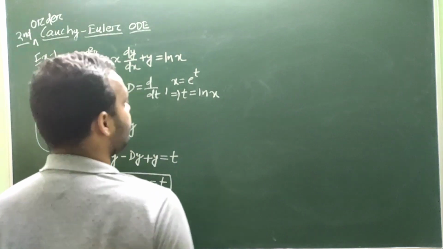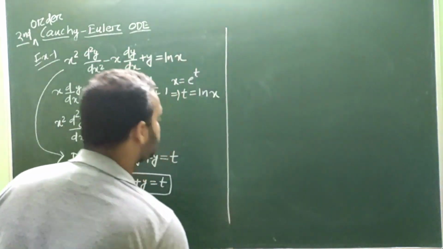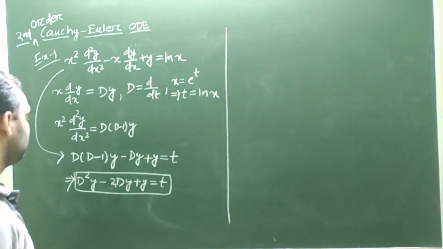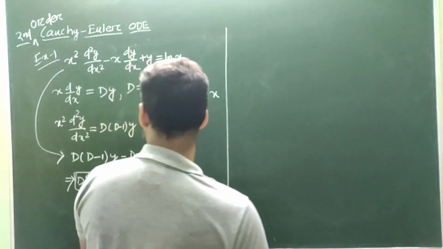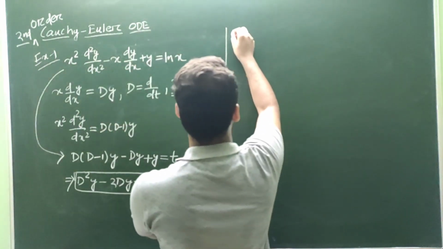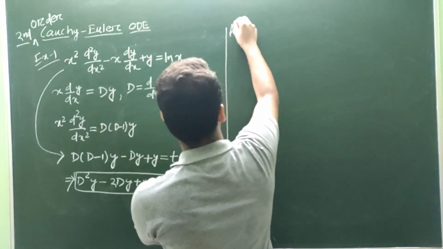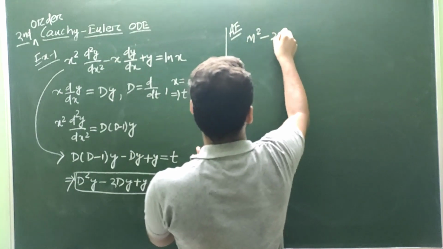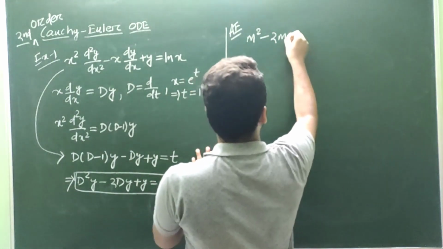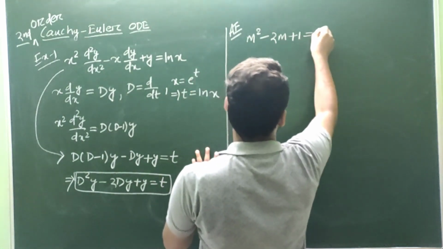Now we have to solve this to find the solution, both complementary function and particular integral. For complementary function, we have to take this RHS equal to 0. By taking this 0, you will get the auxiliary equation. I am writing down AE, that is m square minus 2m plus 1 is equal to 0.